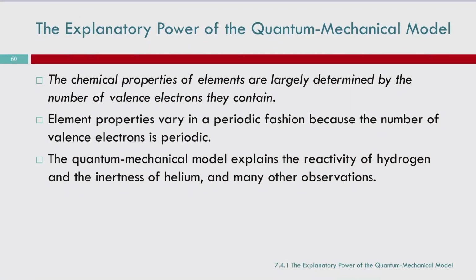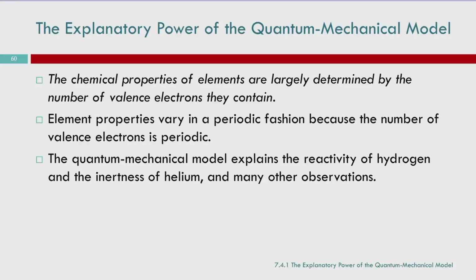All right, now let's talk about some of the other things that we get from the quantum mechanical model. It turns out a lot of the chemical properties of elements are determined by the number of valence electrons that they contain. This is part of the reason that we have them lined up in columns based on the number of valence electrons that they have.